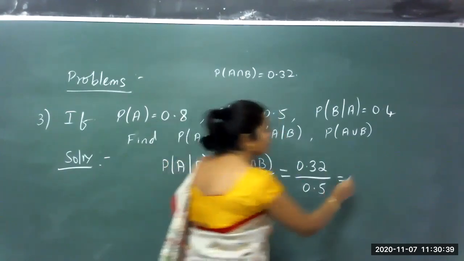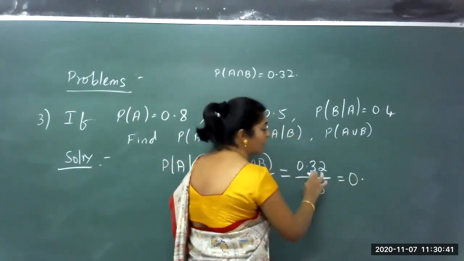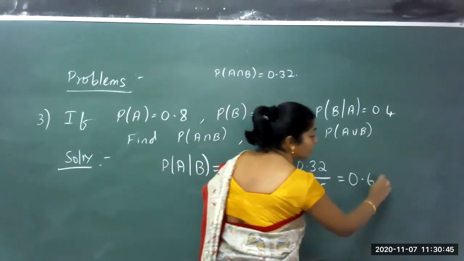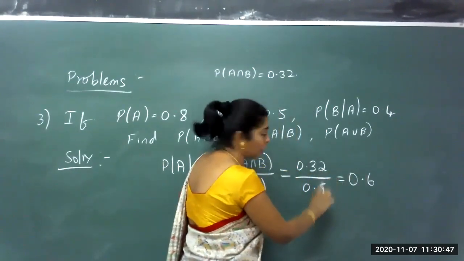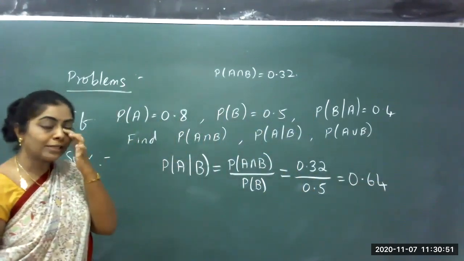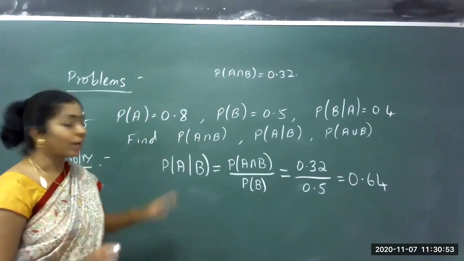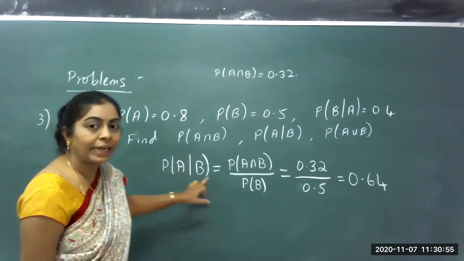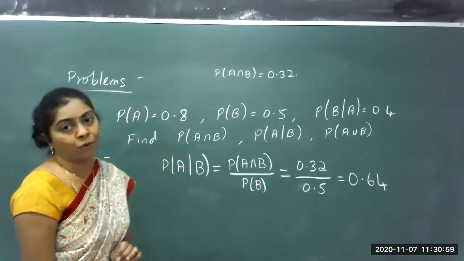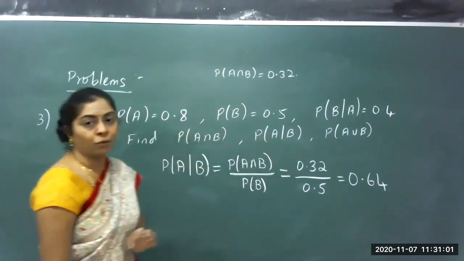If I divide this, I get 5 6s are 30, 2 again is carried at the decimal place, so I consider 20, 5 4s are 20. 0.64. So conditional probability of event A when B has occurred is 0.64. That is the next value we have.